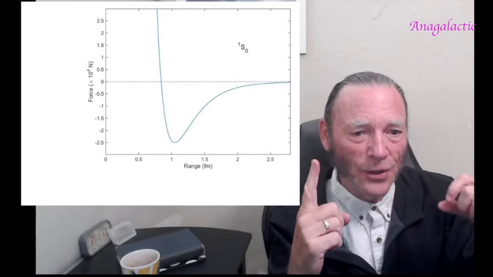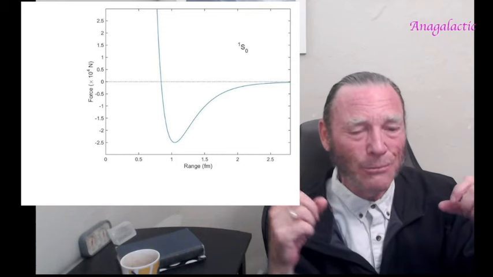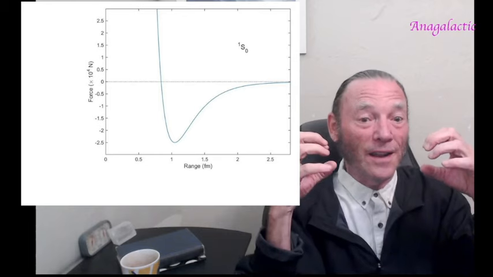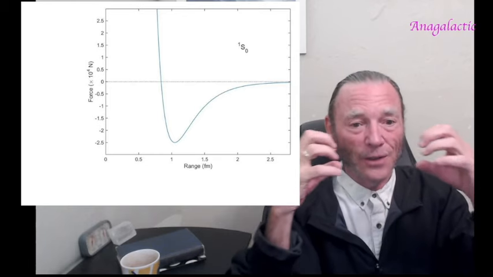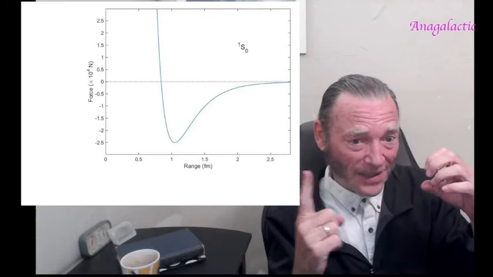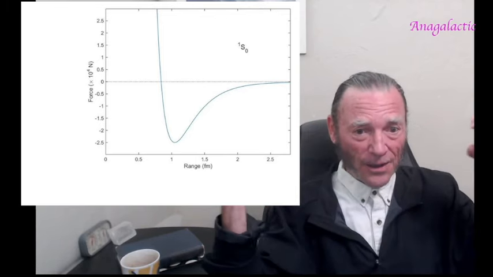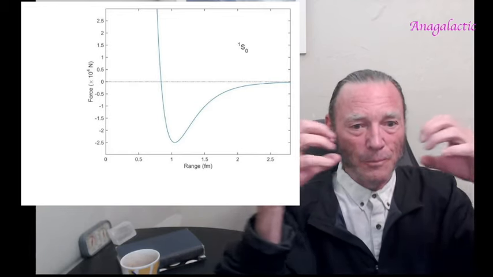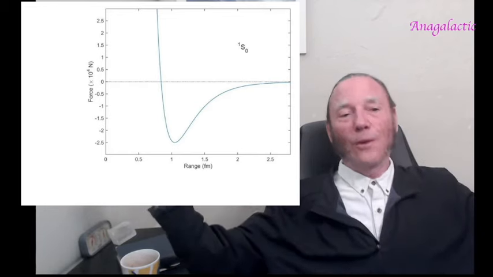But you can see that if you go just a little bit more, if relative velocity exists between them, enough to overcome the nadir, then they go boing, well, that wasn't enough. Boing, that wasn't enough.